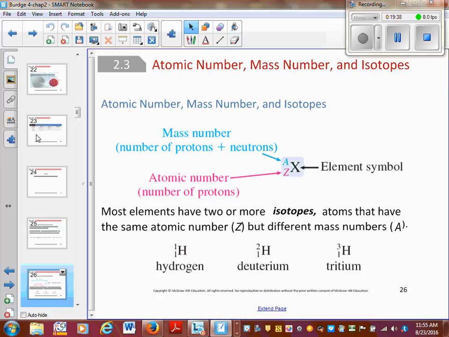Final one, tritium, mass of 3, atomic number 1. How many protons? 1. Atomic number is always the number of protons. How many electrons? 1. How many neutrons? 2. 3 minus 1.